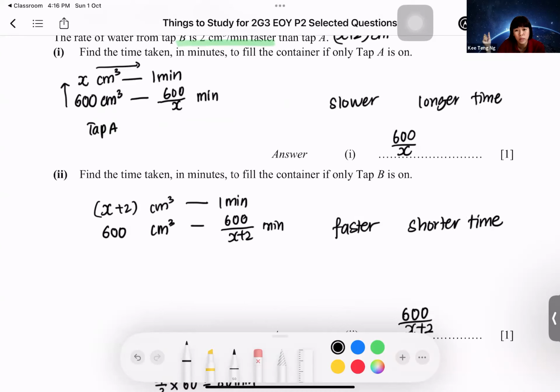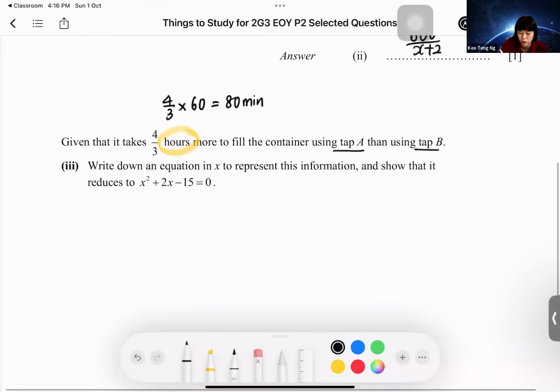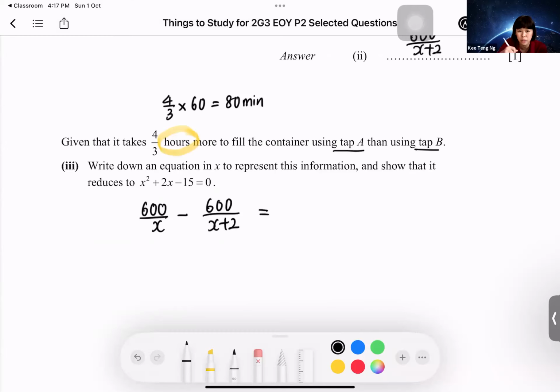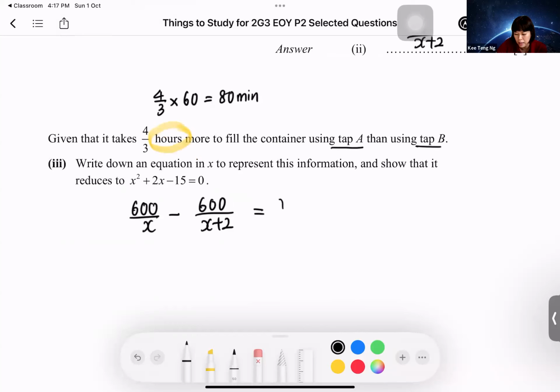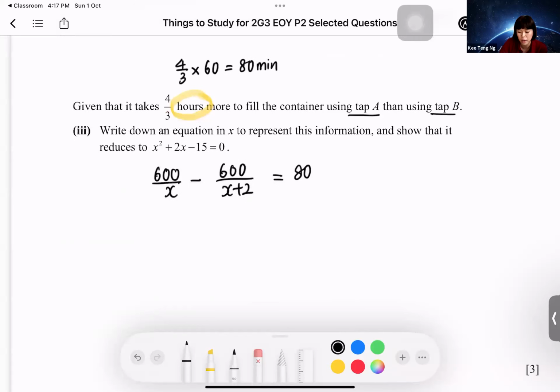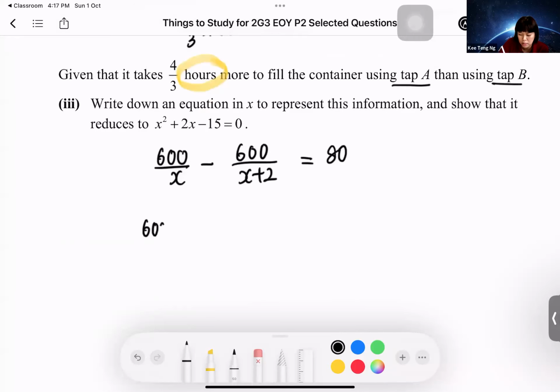One is shorter, one is longer. I need to take the difference between the two of them, the longer minus the shorter one. So 600 over x minus the shorter timing, 600 over x plus 2, equals 80 minutes, since I have changed everything to minutes. Then now we just need to make this into one single fraction.